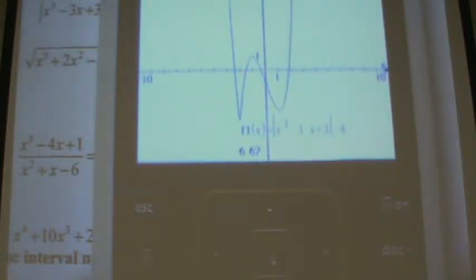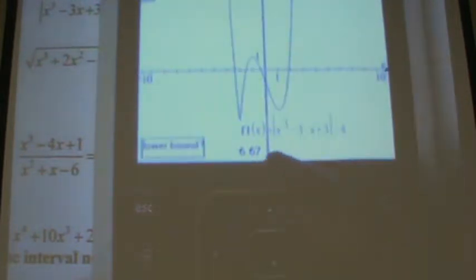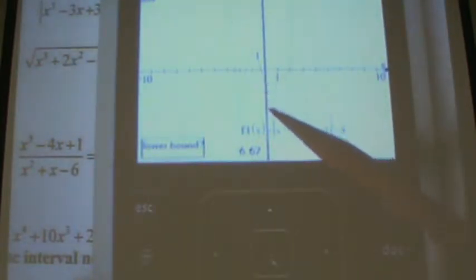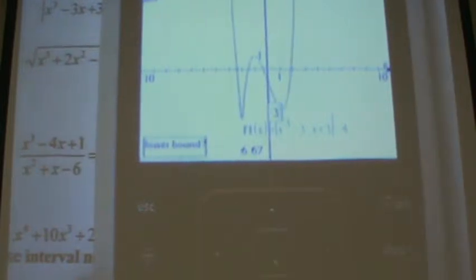I want you to start from the left. How do you get these zeros? You hit menu, analyze graph, 0, and however you want to do left and right bound, so if you want to do -3, you can arrow over and see where it's hitting.